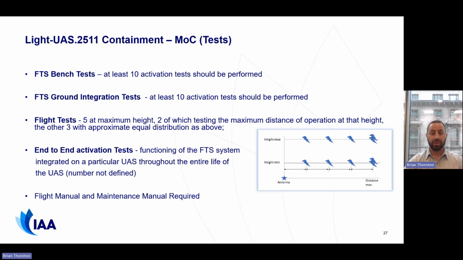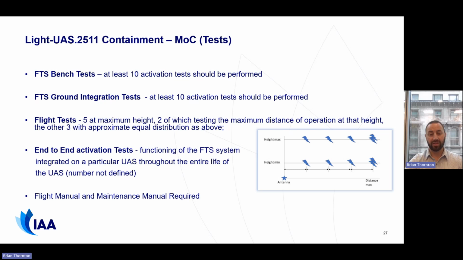For UAS manufacturers and operators that want to conduct tests for a flight termination system, whatever the mechanism of that flight termination system might be, MOC 2511 prescribes tests. There needs to be a number of successful bench tests, which could be done in the lab, but there have to be 10 successful activation tests.